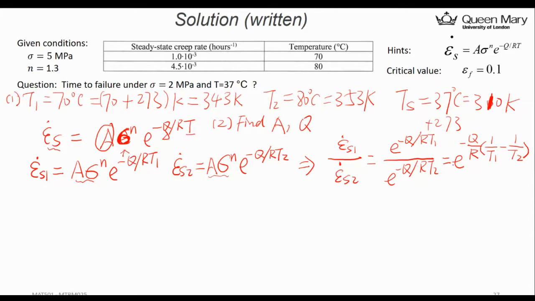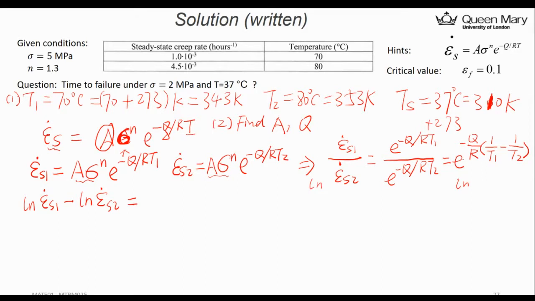So we can take the ln, which is a logarithm, on both sides, which will cancel the e out. Eventually we want to find the Q, right? So ln on the left hand side will give us ln epsilon S1 dot minus ln epsilon S2 dot.